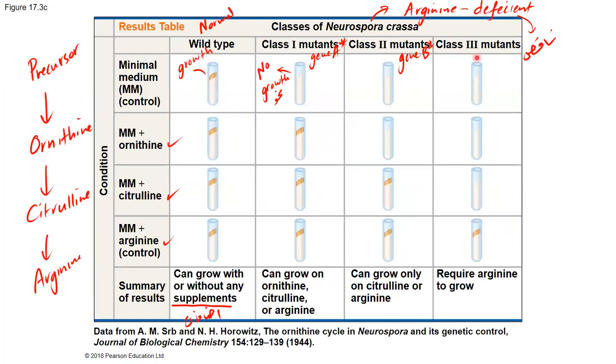The third class of Neurospora arginine deficient mutant cannot grow in the presence of ornithine. They cannot grow in the presence of citrulline. They can only grow in the presence of arginine. Why?